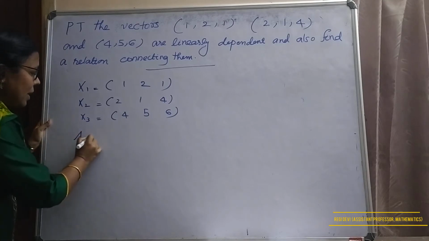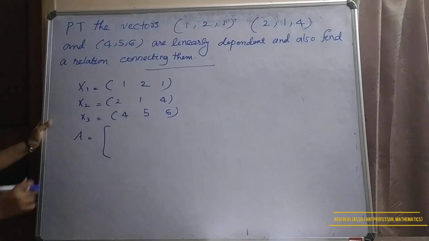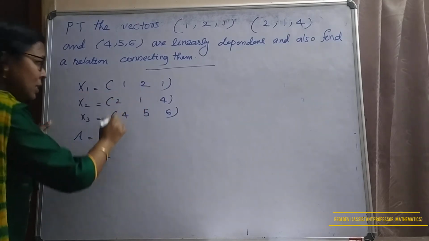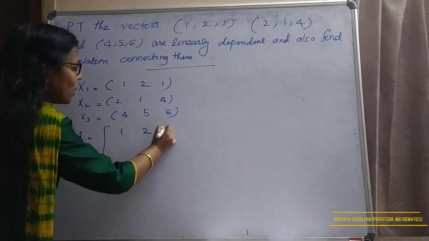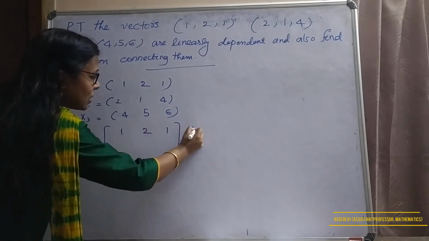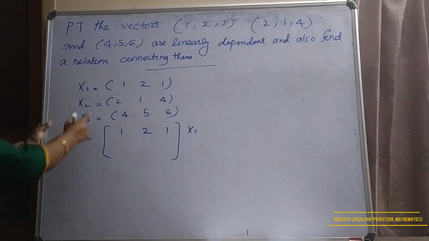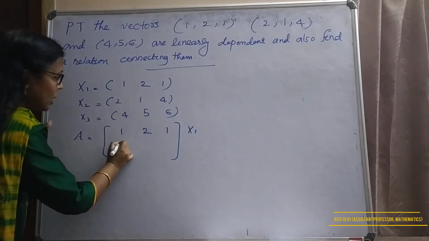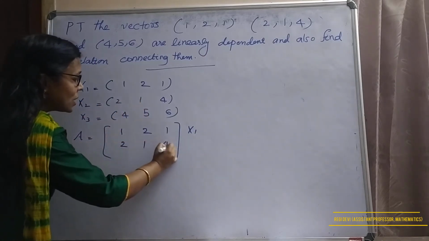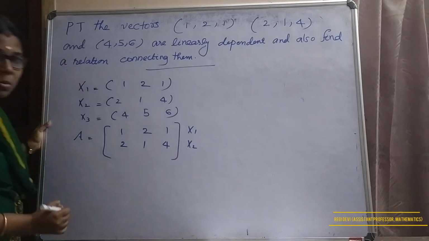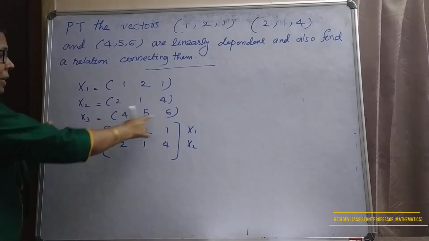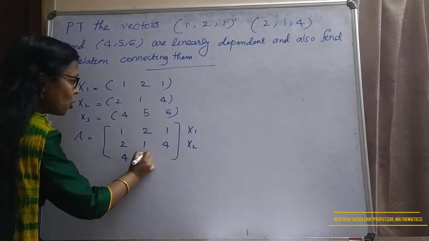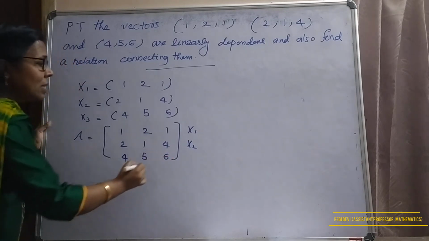That is, matrix A equal to the first vector as the first row, 1, 2, 1, which is x1. Then the second vector as the second row, 2, 1, 4, which is x2. Now write the third vector as the third row, 4, 5, 6, which is x3.